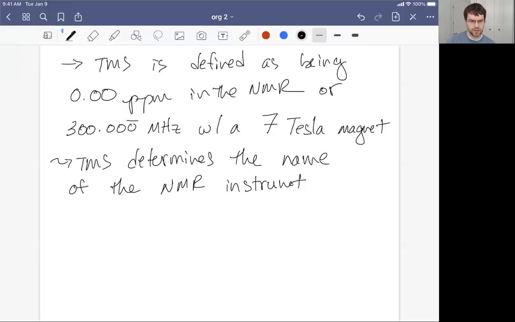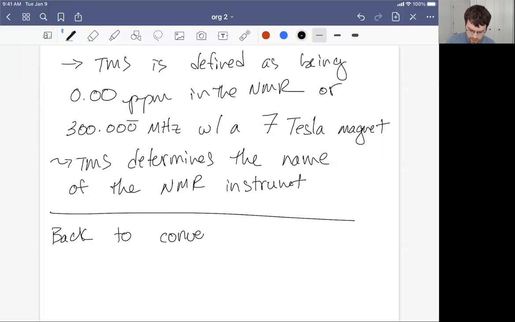Okay, now let's actually do the math to get from hertz into parts per million. Okay, so back to converting megahertz to parts per million.